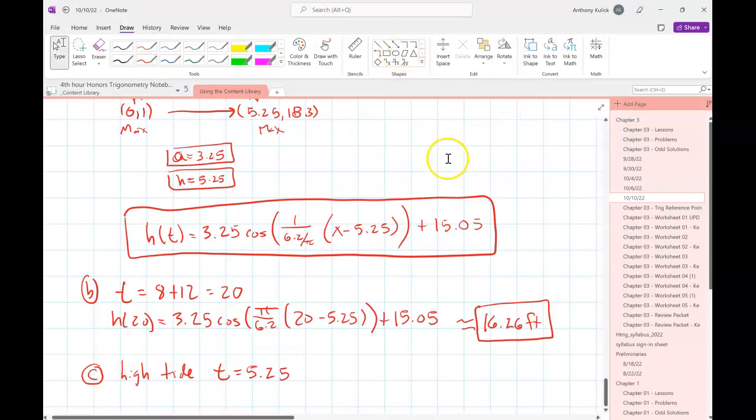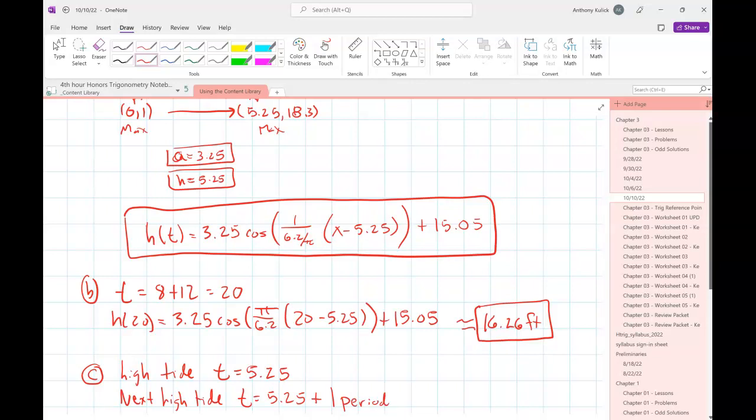We know the next high tide will occur not 24 hours, but one period, right?